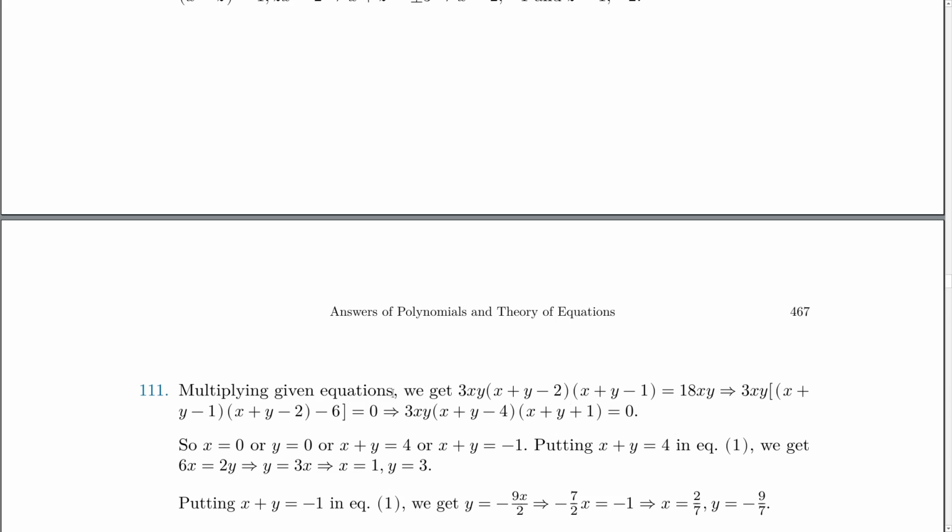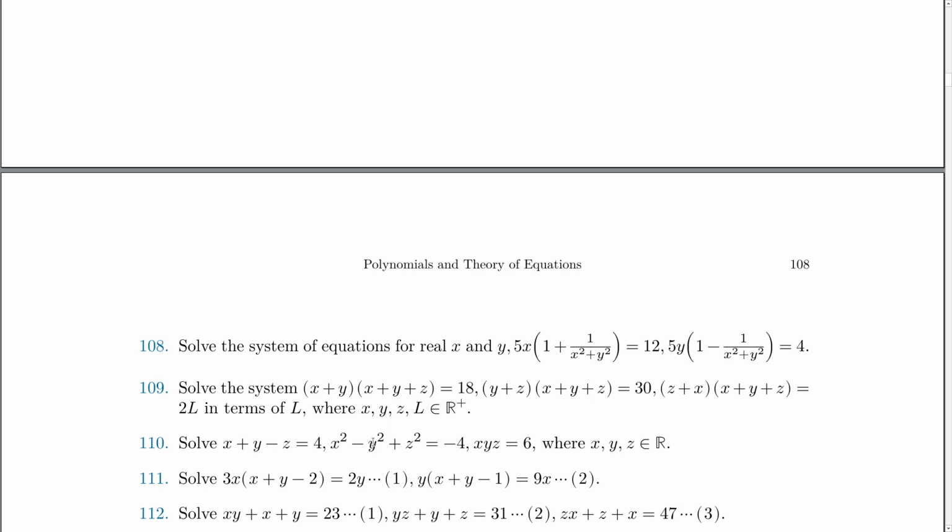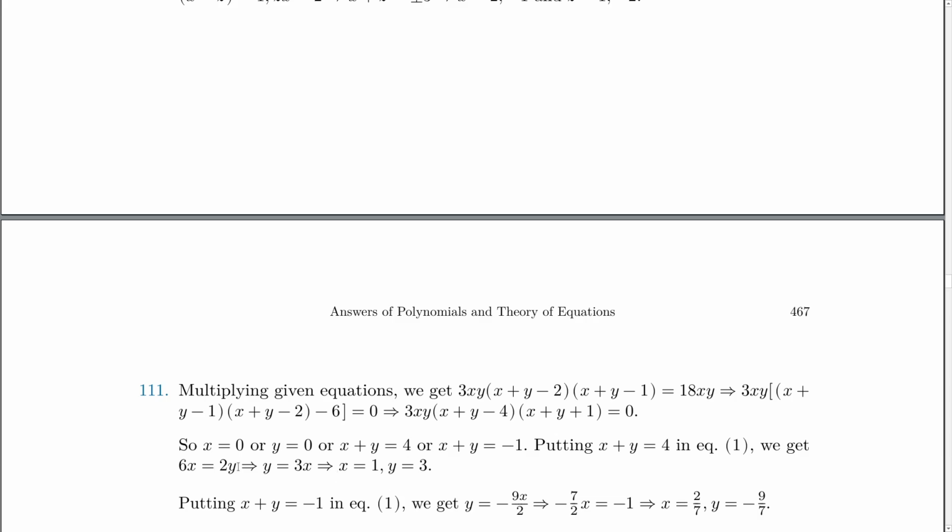Now, since this expression is equal to 0, either x is 0, or y is 0, or x + y = 4, or x + y = -1. So we first take x + y = 4 and put it in the first equation. This becomes 4 - 2, that is 2, so 6x = 2y.